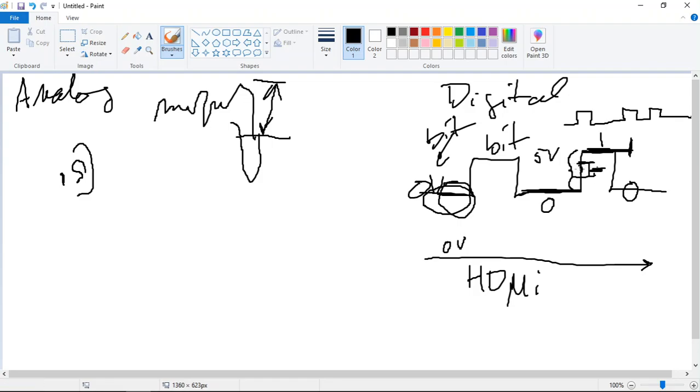If you send it something at 2 volts or 3 volts, your TV will go like, what? What do you want me to do with this? It won't know. And you could actually break your machine by doing that. It's not a joke. I'm assuming newer electronics are protected against that. But if you keep sending signals that are halfway, you might actually break stuff. I know it did in older electronics.